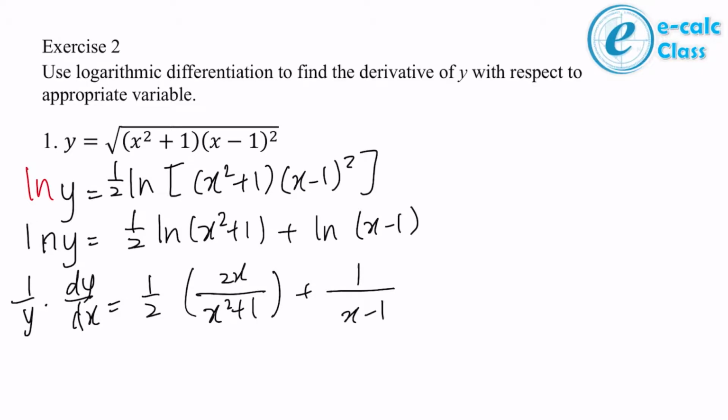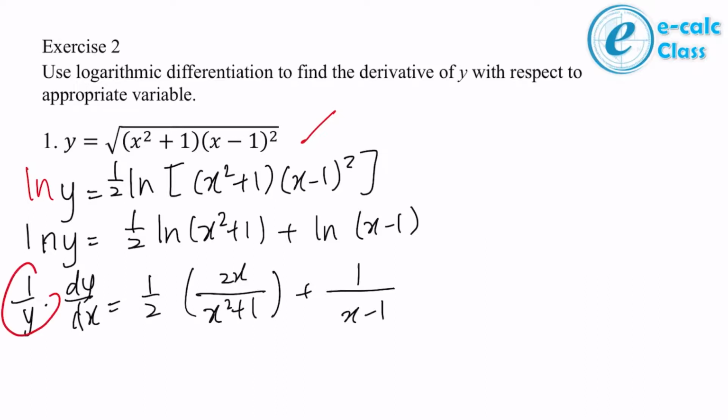But the difference between logarithmic differentiation and implicit differentiation from just now is that you need to write dy dx explicitly in terms of x. Means you cannot have y in your answer. Why? Because originally your y can already be expressed in terms of x explicitly, meaning your dy dx also must be expressed in terms of x explicitly.